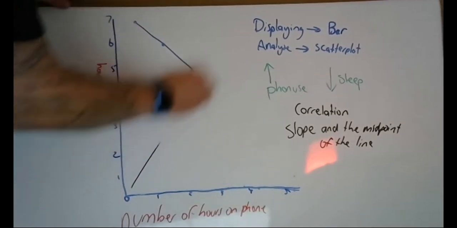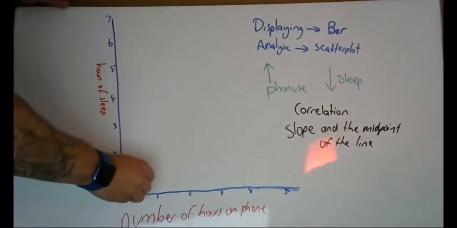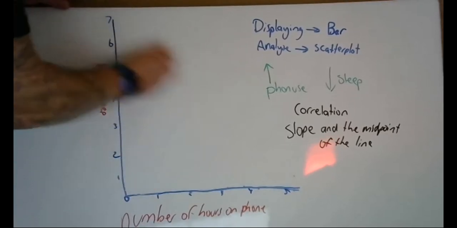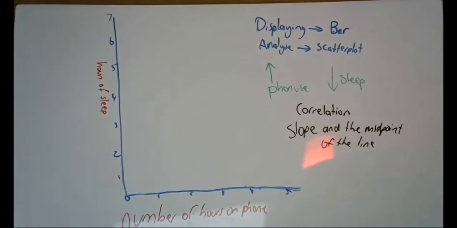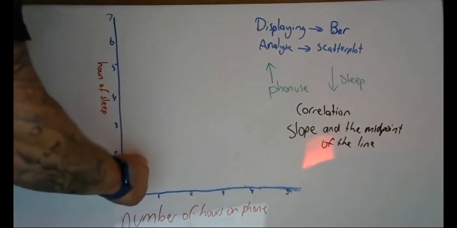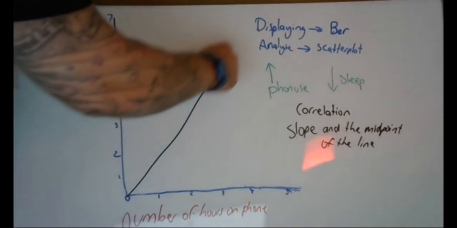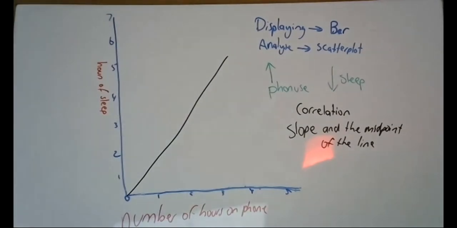So we use this kind of stuff to analyze data. So the classic correlation is autism diagnosis and the number of vaccines given to kids.